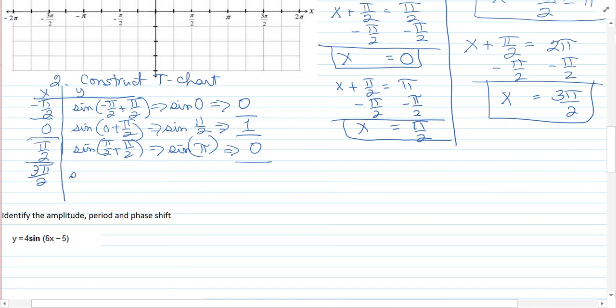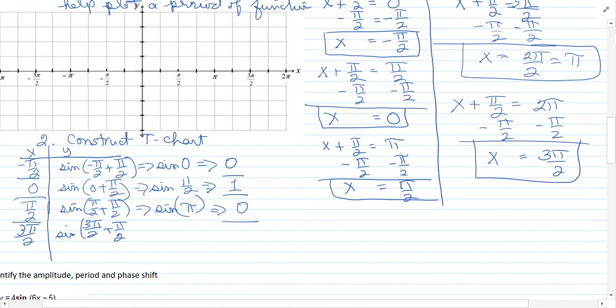And that'll give me sine of 3 pi halves plus pi halves. I'm sorry, I skipped one. I should have been pi. Sorry about that. I did the last one first. Sorry. So I'm going to have pi.